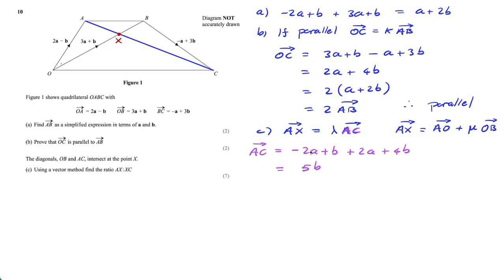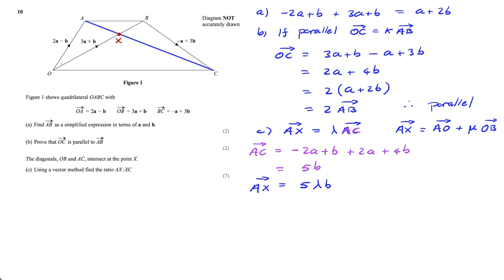So AX is equal to lambda times 5b, or 5 lambda b. Okay, that's our first AX. Our second one, this one, let's do it over here in red.